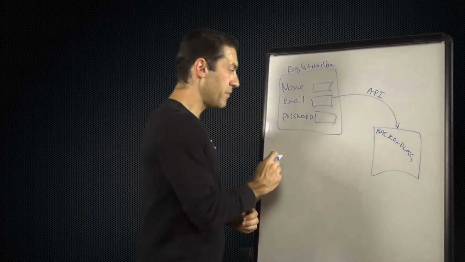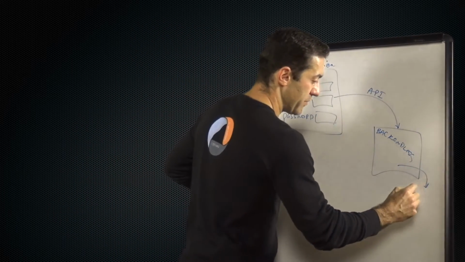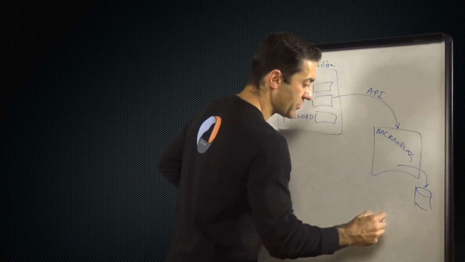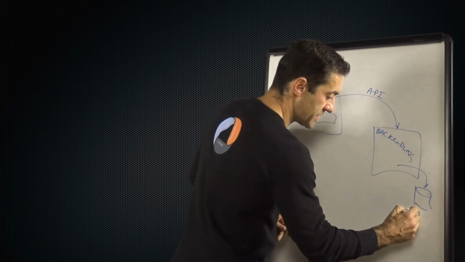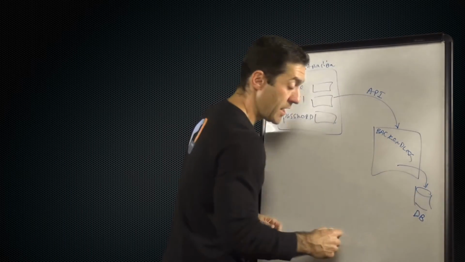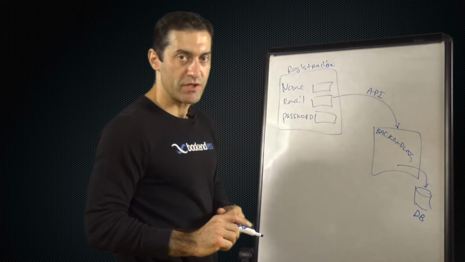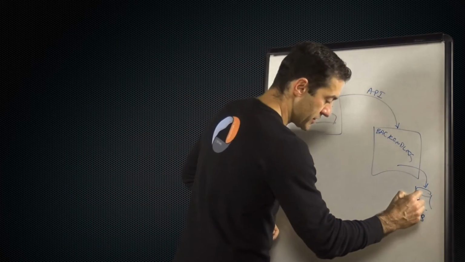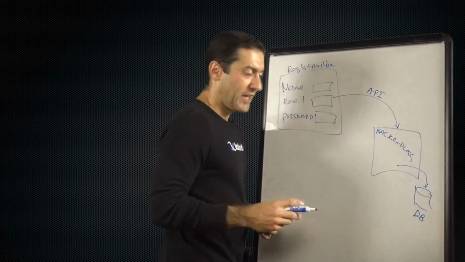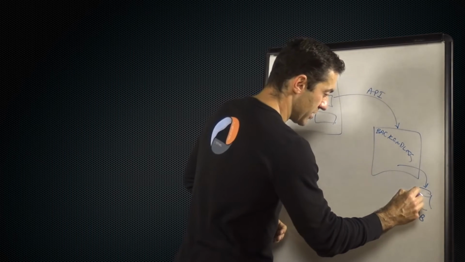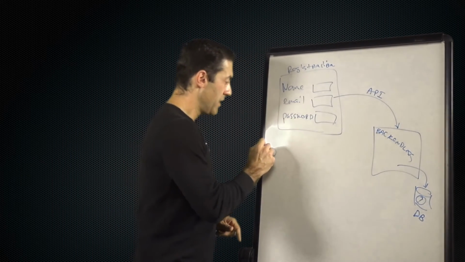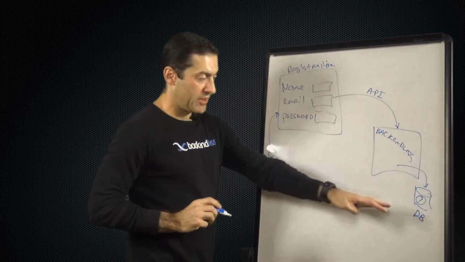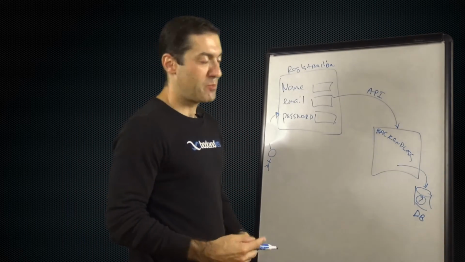Backendless gets this information and puts it into the database. As a result, a user object is formed, and now it resides in this database. Optionally, depending on how your application is configured, it will essentially be an unvalidated user. Let's put it as a question mark. So here we have this user that filled out this form, and at this point, the user's email address needs to be validated.